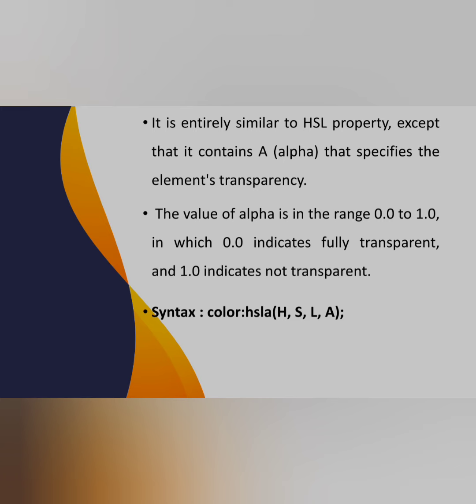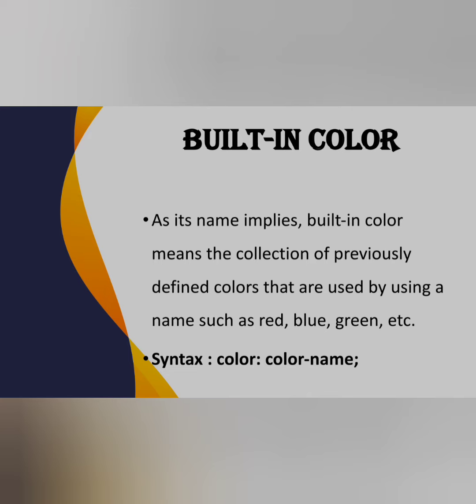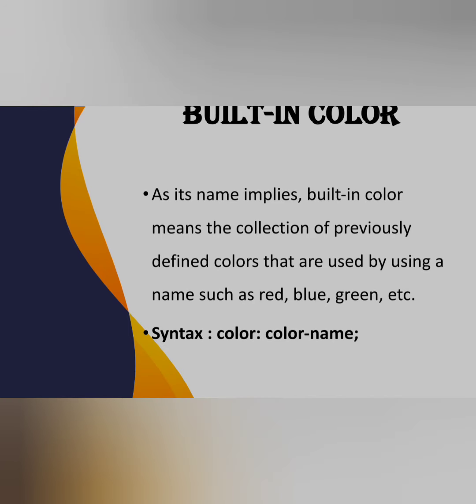The value of the alpha is in the range from 0.0 to 1.0, in which 0.0 indicates fully transparent and 1.0 indicates not transparent. Built-in color. As its name implies, built-in colors means the collection of previously defined colors that are used by name, such as red, green and blue.